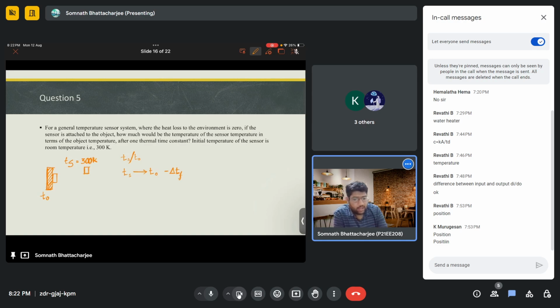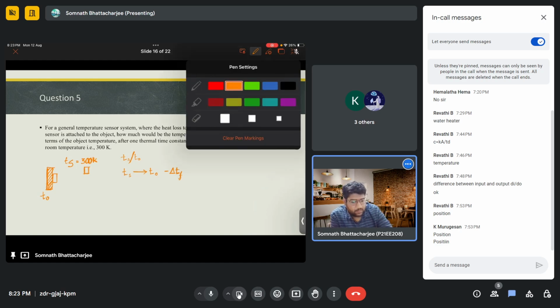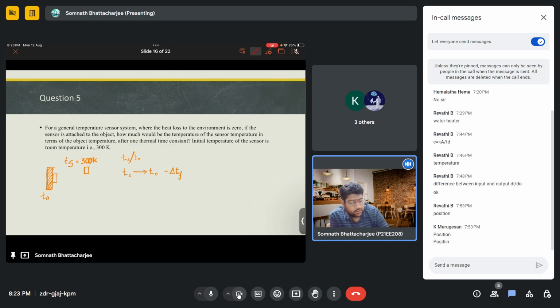Maybe I'll give at least the equation because it'll be a bit easier. So we know the basic equation of a sensor. The temperature was TS, and the change in this was del T, the change in temperature, but there will be a temperature coefficient of this.